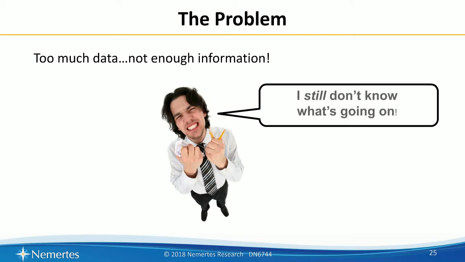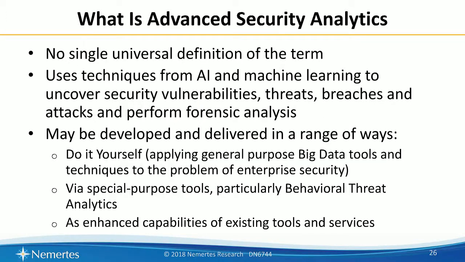And so you can be drowning in more data than you can ever look at and not have the key pieces of information that you need in order to proceed in a sensible way. So there are a variety of ways of trying to address that problem.